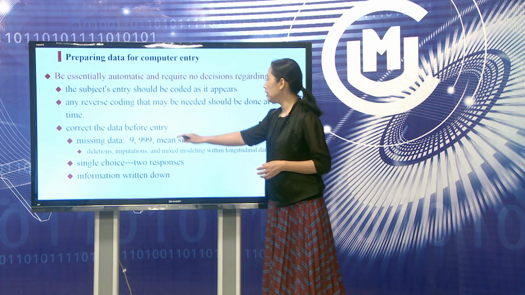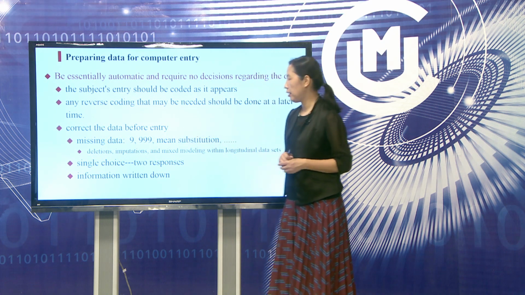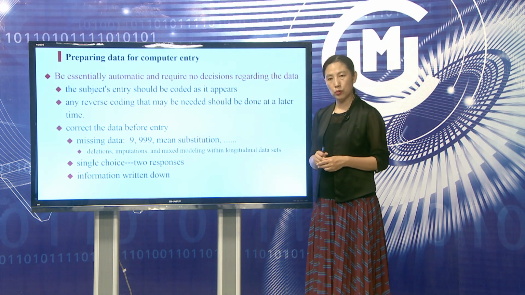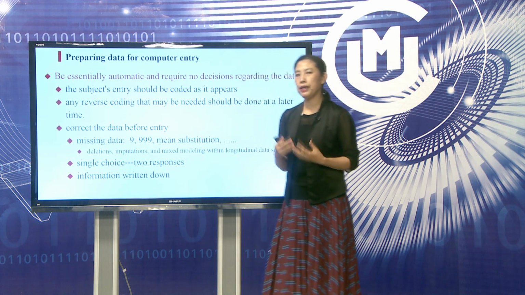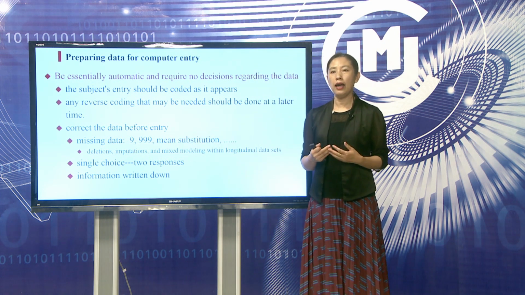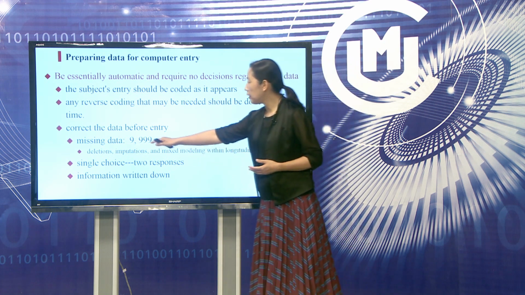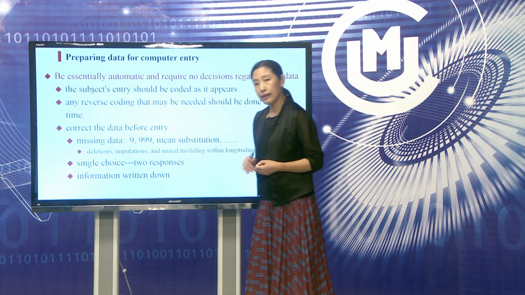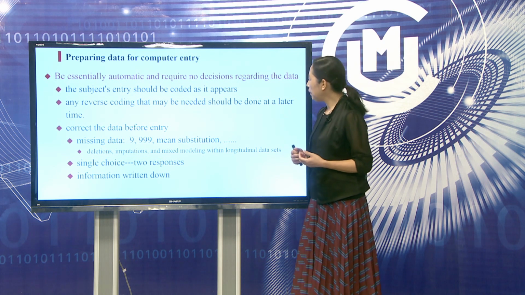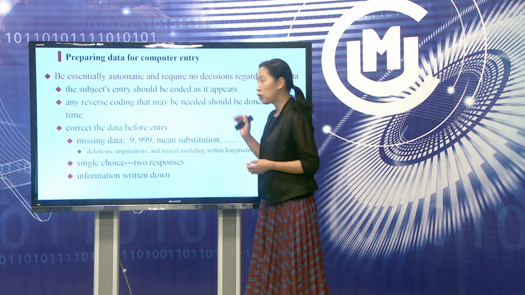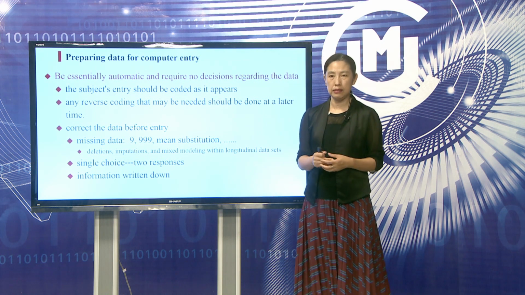Then you need to correct the data before entry. For example, we may have some missing data, and you need to make a decision. Will I use the number 9, or maybe three nines, to represent the missing data in my database, or will you use mean substitution to represent the missing data?